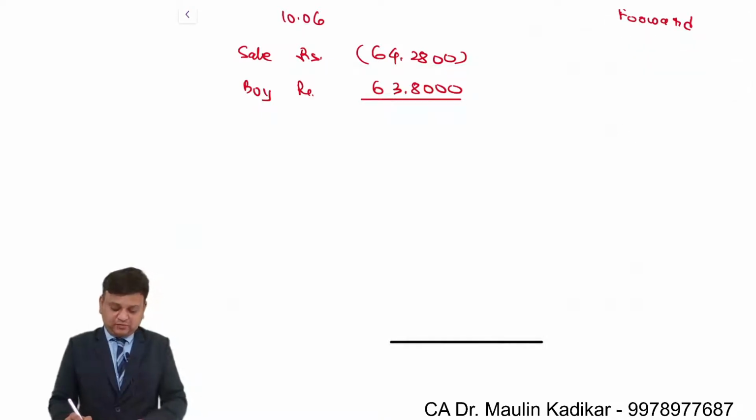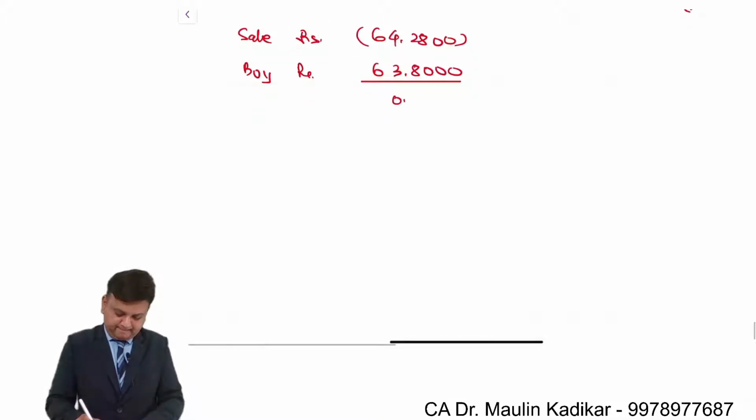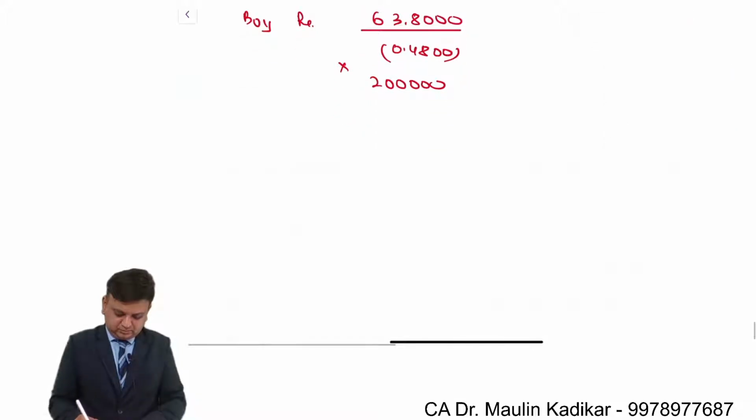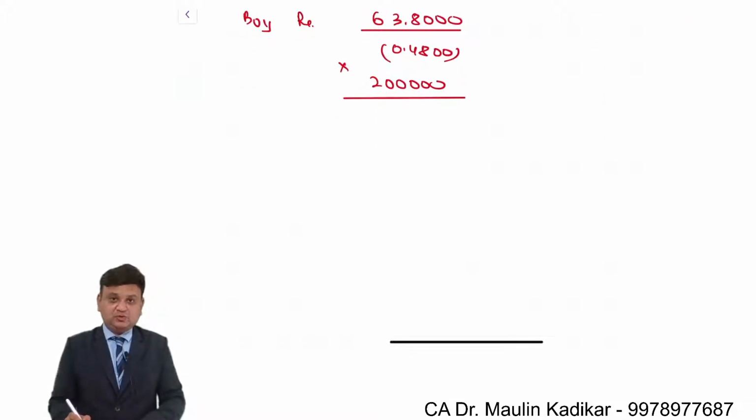So there is a loss of 48 paise into 2 lakhs. So this comes to rupees 96,000.